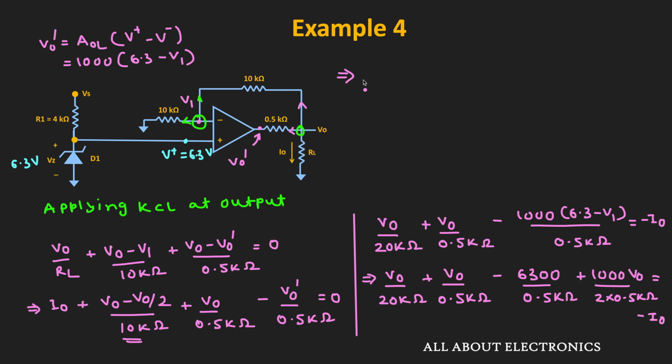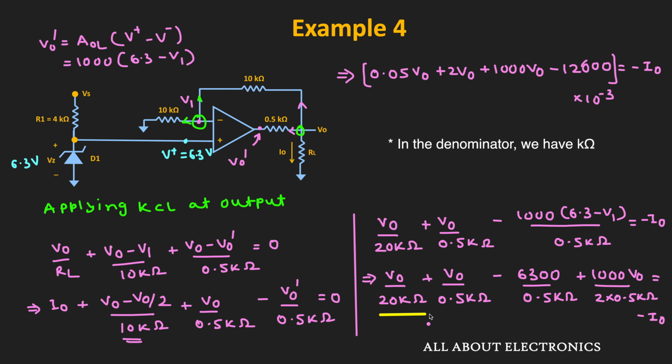Further if we simplify it, then we can write it as 0.05 times V0 plus 2 V0 plus 1000 times V0 minus 12,600 is equal to minus I0. And of course, here these entire terms will get multiplied by 10 to the power minus 3 because in the denominator we have a 20 kilo ohm.